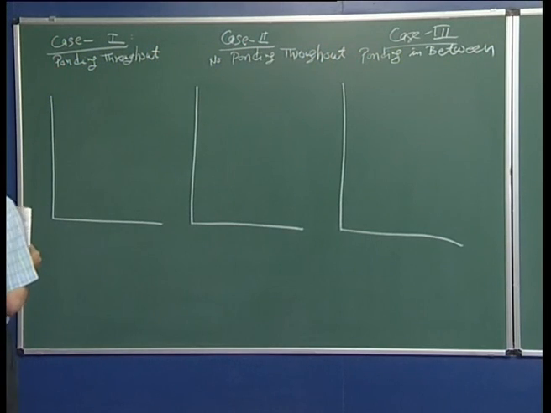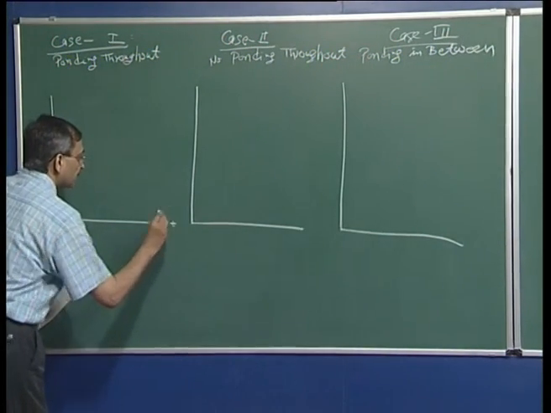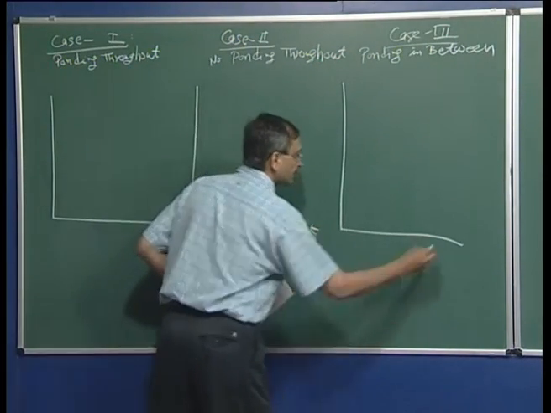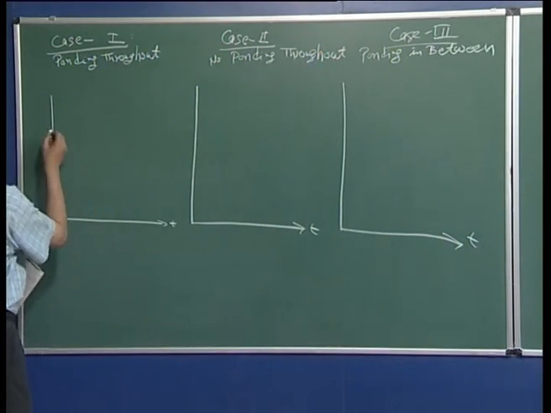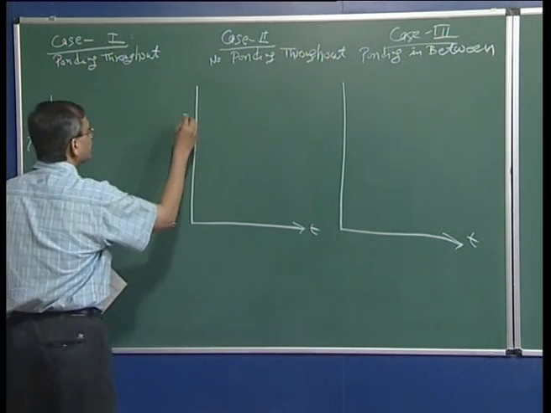Now, we are looking at, let us say, time on the x axis for the 3 cases here. And on the y axis we are looking at either the rate of infiltration or I in all the 3 cases.